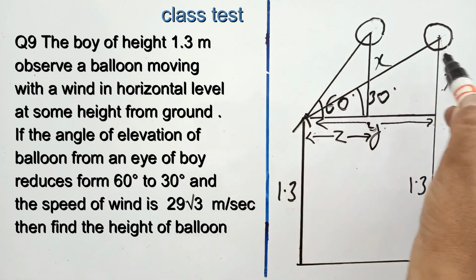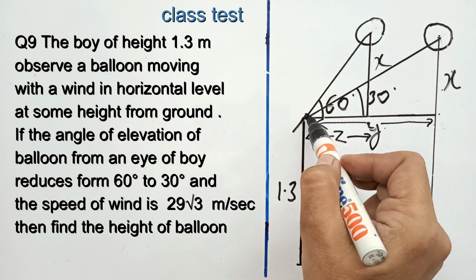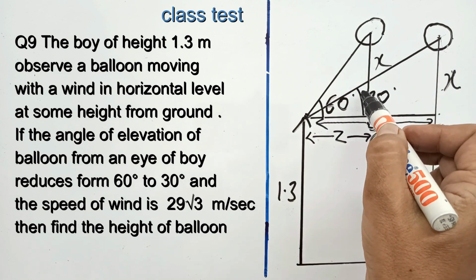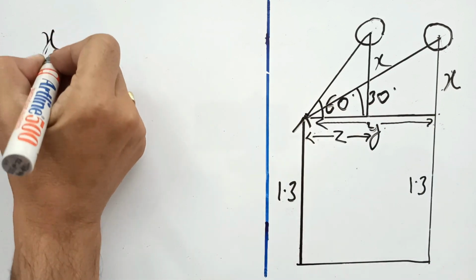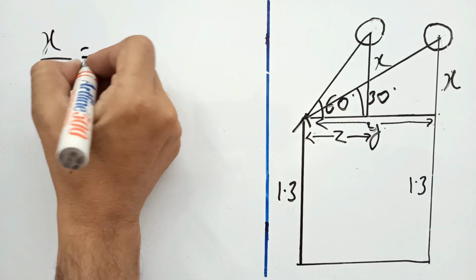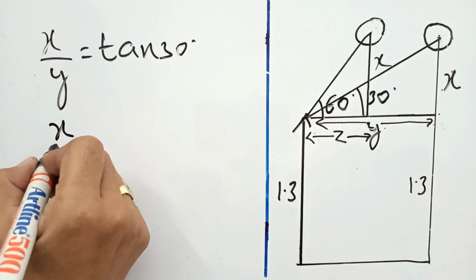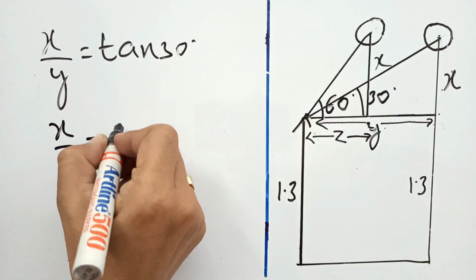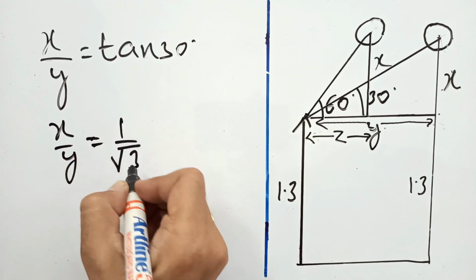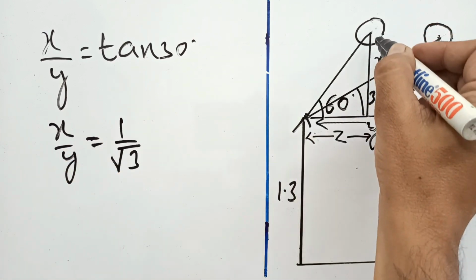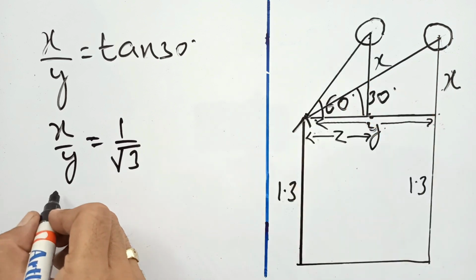Now in this bigger triangle, x upon y is tan 30 degrees, and in the smaller triangle, x upon z is tan 60 degrees.